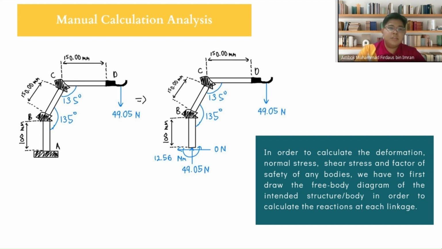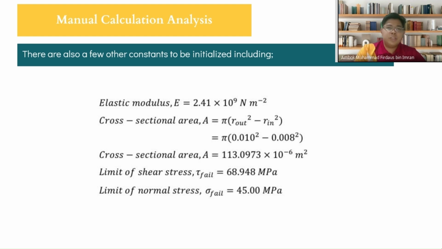Now, other than the free body diagram, there are also some other constants that we have to initialize. Some of the constants include the elastic modulus, which is 2.41 times 10 to the power of 9 Pascal. And then we have the cross-sectional area.